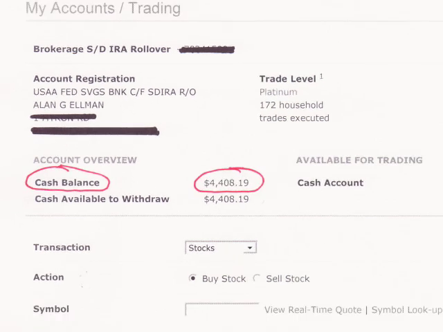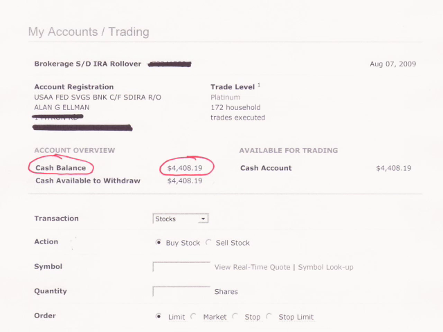Now in my account, I'm normally fully extended in terms of my cash. Usually I have almost all my cash in stocks. I do leave some set aside for exit strategies. In the case of this account, I have $4,400 that I had left available. So since CTSH is trading about $34, I have enough cash to purchase 100 shares.